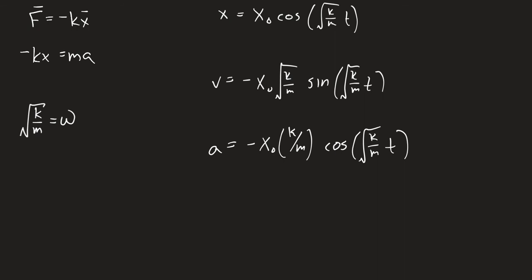And the reason for that is omega has the appropriate units to be in radians per second. And we did a little bit of a unit analysis yesterday to show that that was true. So we could rewrite all of these with the omega symbol instead.